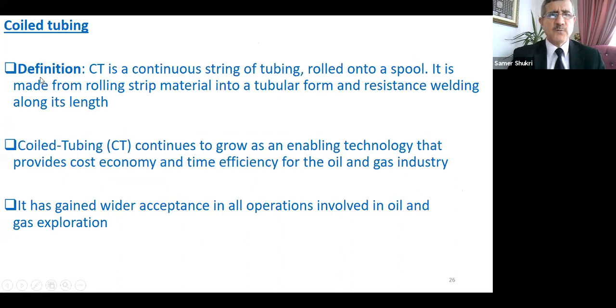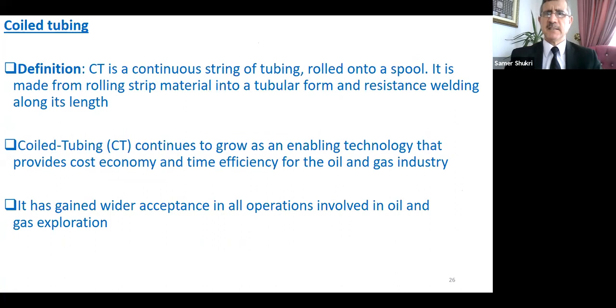Now we move on to the coiled tubing. What is the coiled tubing? Coiled tubing is a continuous string of tubing rolled onto a spool. It is made from rolling strip material into a tubular. So it is continuous metal.